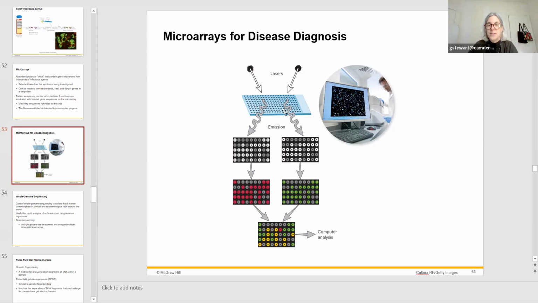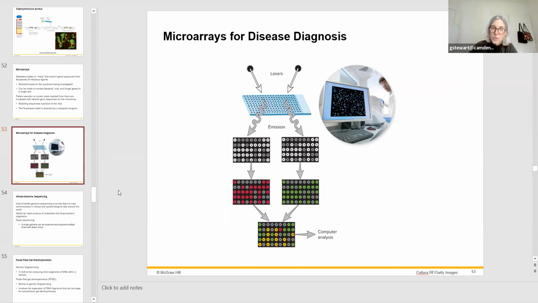But they can load DNA or RNA that's unique from multiple organisms onto these little plastic microwells. Then you put your DNA down from the patient and shoot it with lasers, and these fluorescent markers light up, and a computer will tell you what disease they have.